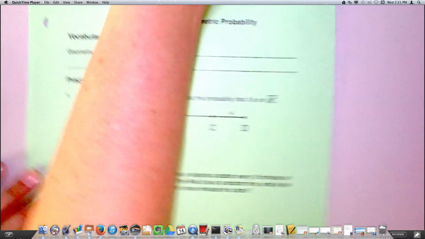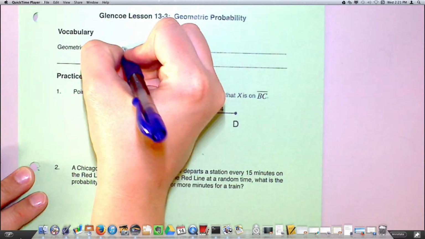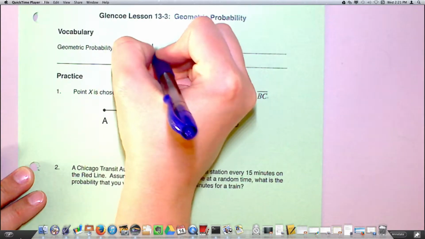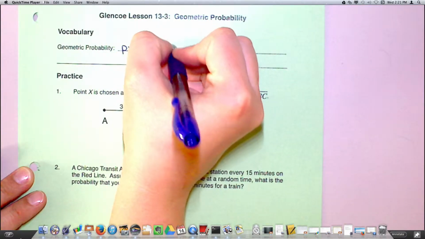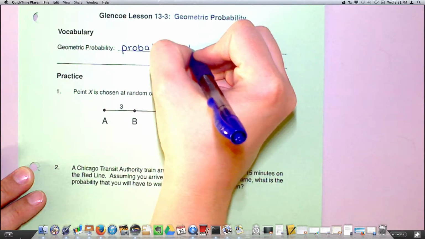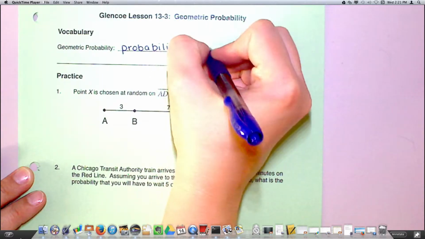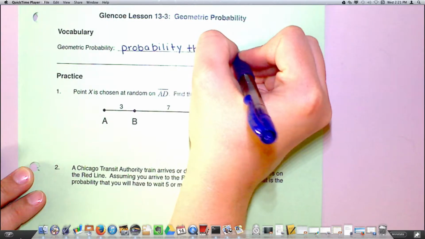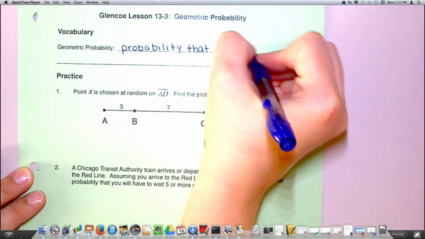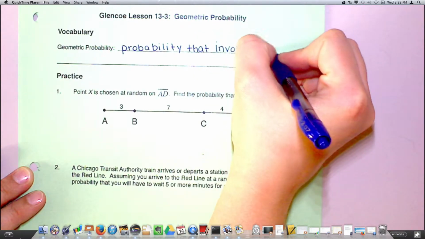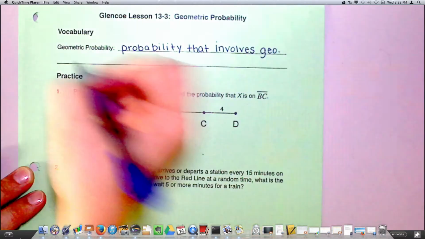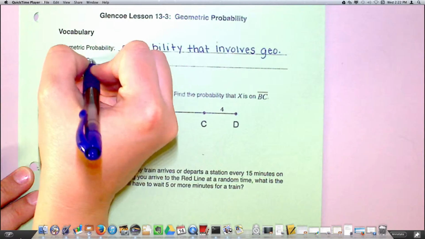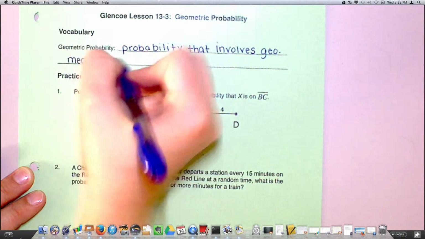Okay, I'm going to be a little bit more specific when I write this down, but it's probability that involves some sort of geometric measure, such as length or area.